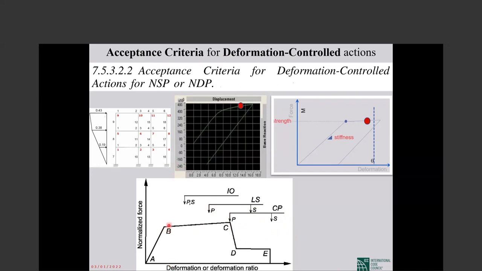Previously the only template for nonlinear behavior was this five line curve.